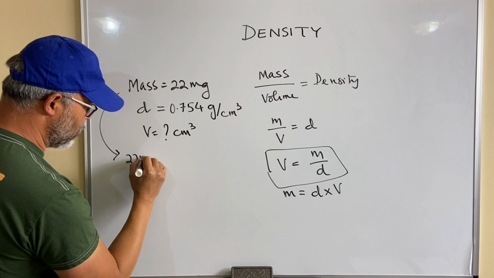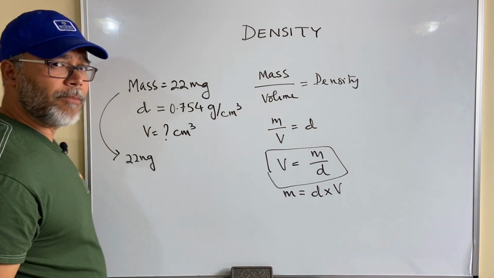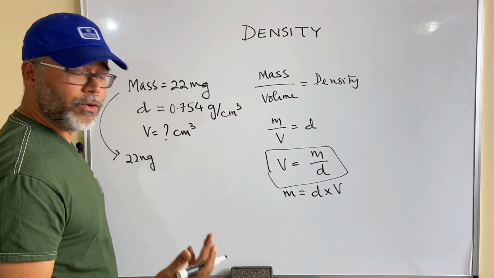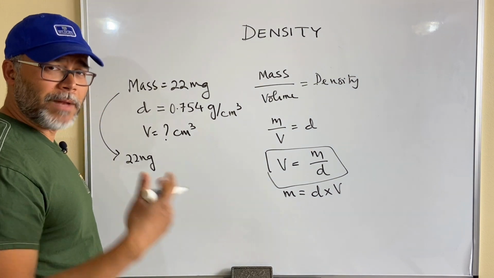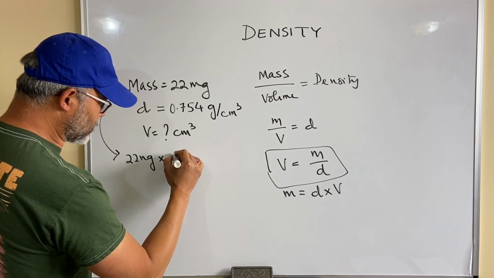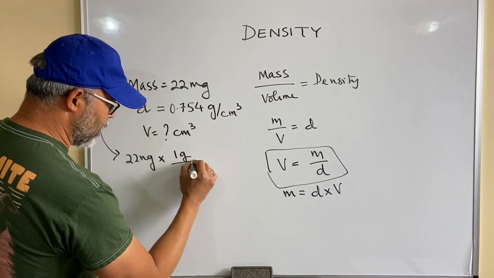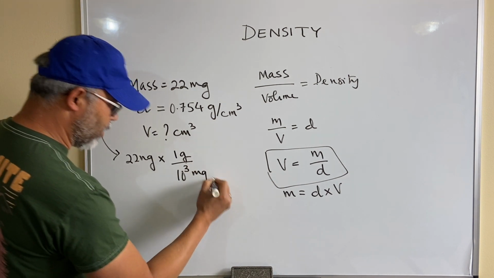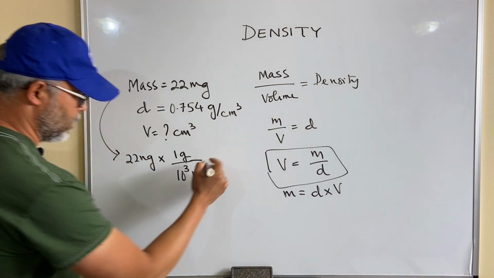So 22 milligrams. To change it to grams, we need to use our prefixes to understand what conversion factor to use. And if you look at the table and apply the conversion factor, you will find that 1 gram is 10 to the power 3 milligrams, okay?